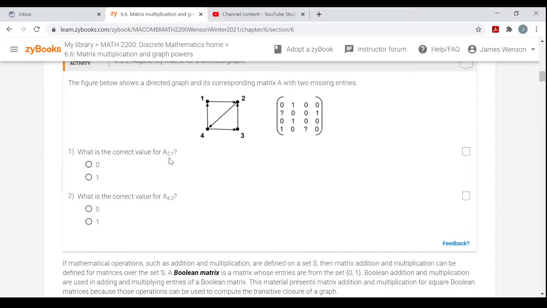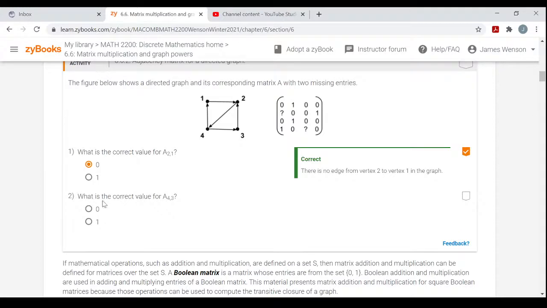So that's the 2nd row, 1st column, this question mark right here where my cursor is. So the question is, is there an edge from vertex 2 to vertex 1? Look at the graph. No. There's not an arrow going from 2 to 1, so I should put a 0 there.